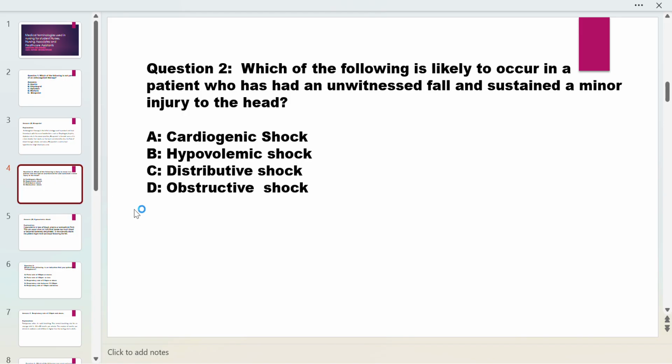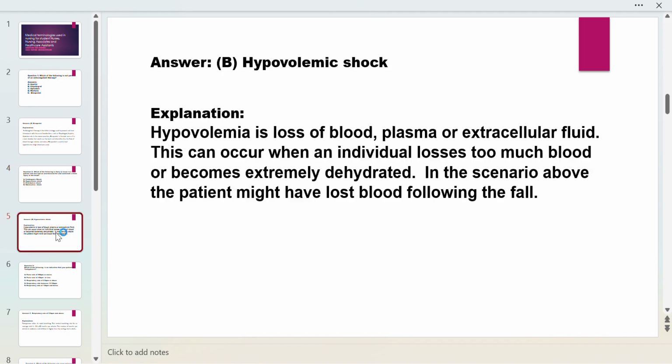Should we give it a minute and we answer? We review the answer. The answer says B, hypovolemic shock.